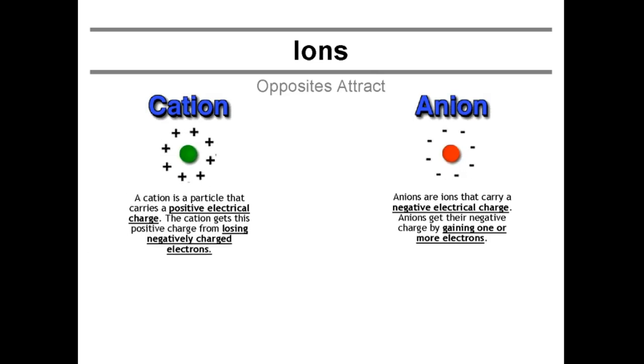Cations, on the other hand, are positively charged ions, and they have that positive charge by losing 1 or more negatively charged electrons.